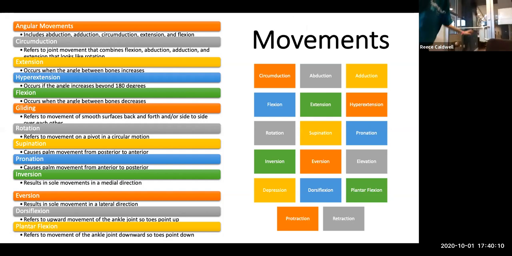And so you can open the door or close the door. And that hinge goes like that and like that. Same with like the knee. The knee is my favorite example of a hinge. It can open and it can close. Open, close. So a hinge is anything that involves flexion and extension. So a hinge joint is anything that like opens and closes like a hinge of a door.